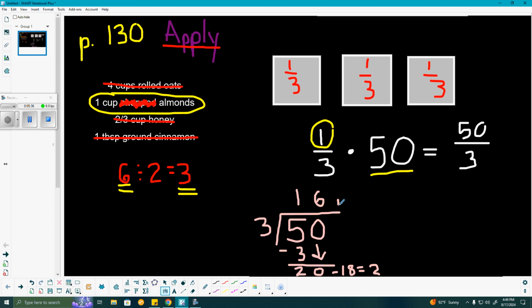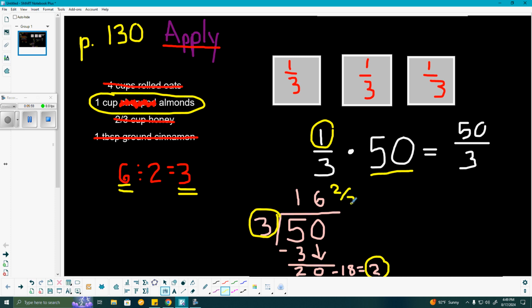Now I know in the past you're used to putting remainder 2. However, we're not going to be doing that anymore. Again, we're on a 6th grade curriculum. So here's how you will write your remainders now that you are in 6th grade. Your remainder will become the numerator.